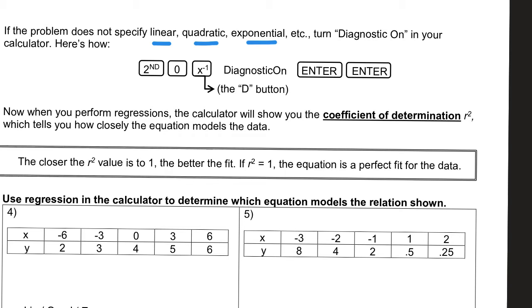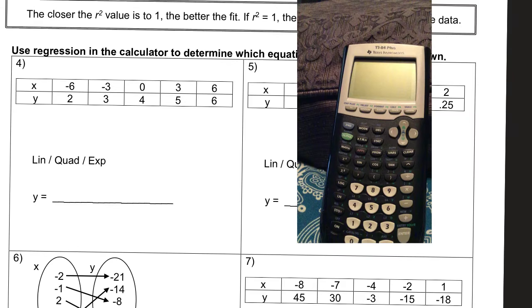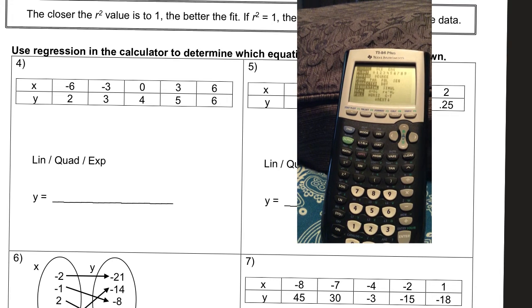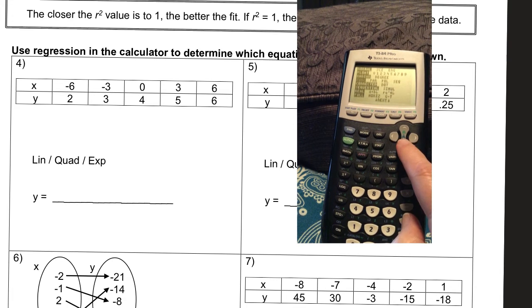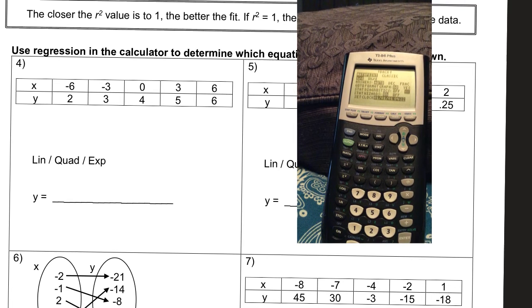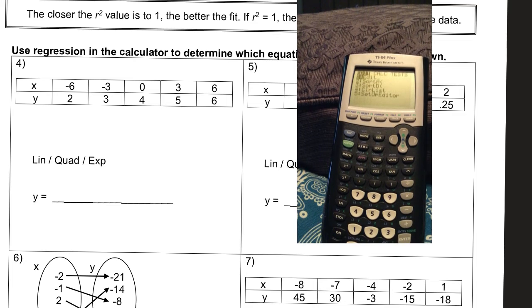I'm going to show you an alternate way to turn your diagnostics on. You'll go to Mode. After you hit Mode, scroll down until you get to Stat Diagnostics. There it is. Make sure you highlight On and press Enter. Now you can go to your stat function.